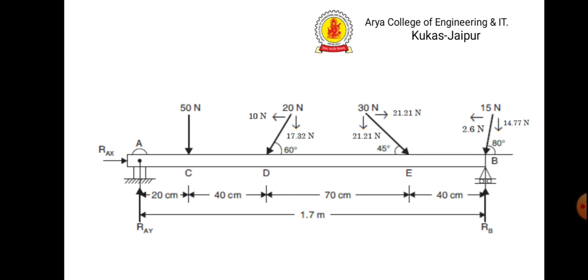So it is 50 into 20, plus 17.32 into, how much, 20 plus 40, then 21.21 into 20 plus 40 plus 70, then plus 14.77 multiplied by 1.7 meter, and for RB it is minus RB into 1.7 meter, that is 170.